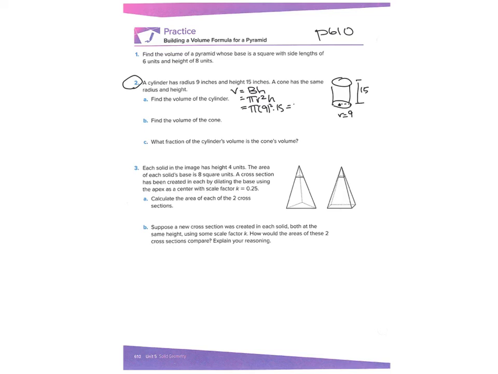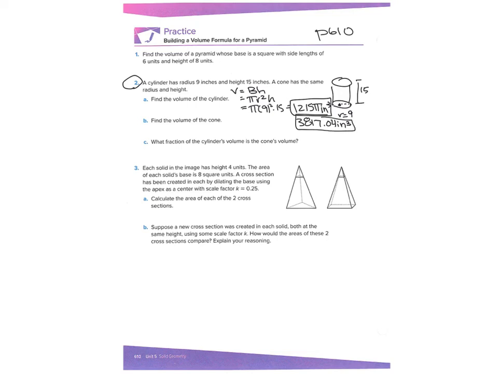I could write this answer as 1,215 pi units. In this case, it's inches, so inches cubed. I could also multiply by pi. If I multiplied by pi, I believe it is around 3,817.04 inches cubed.